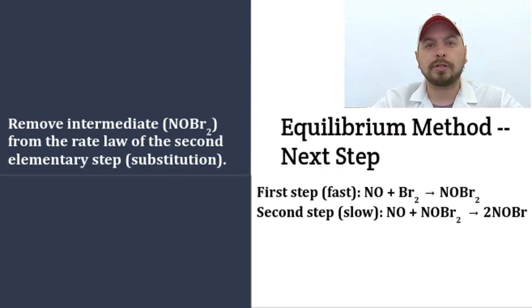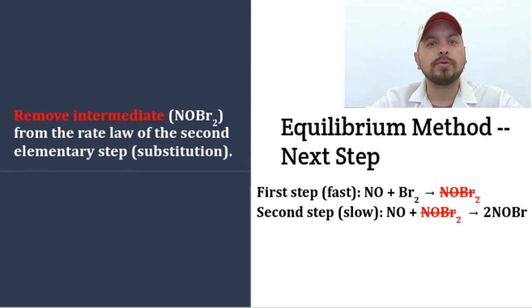So if we look at removing that intermediate from the rate law of the second elementary step, the way we can do this is with substitution. We're going to solve for the concentration of NOBr2 in that first series of equations, and we're going to substitute in to the second elementary step's rate law.